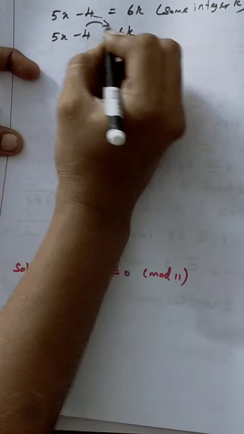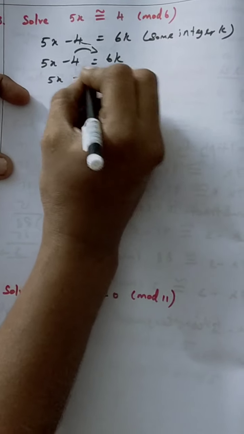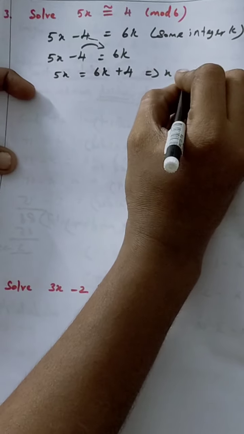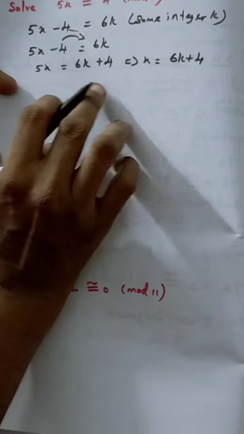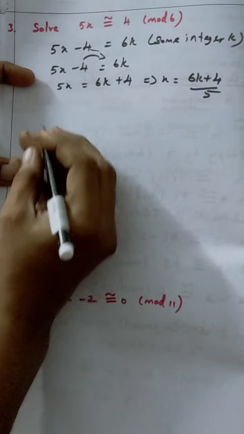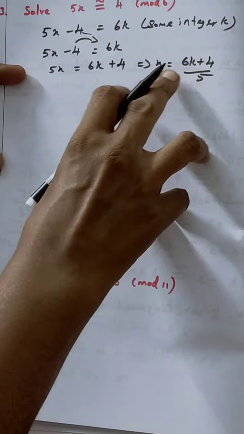So first step, minus 4 goes to the right hand side: 5x equal to 6k, minus 4 changes into plus 4. Therefore x equal to 6k plus 4, then 5 multiplied changes into divide, divided by 5. So first find out three values. You substitute the k value and find out x.